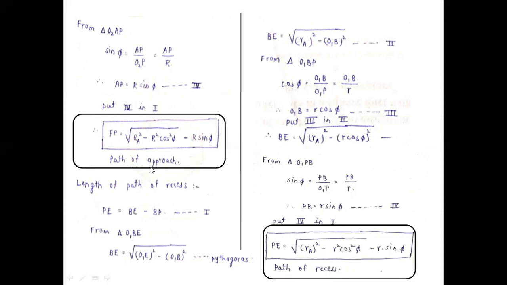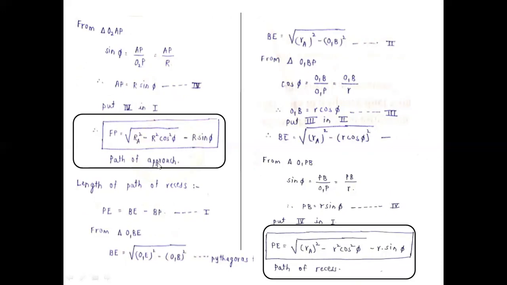For remembering the formulas of path of approach and path of recess in the examination, we have to remember that in the path of approach formula, all the values of R are capital R: the addendum circle radius of the gear and the pitch circle radius of the gear.